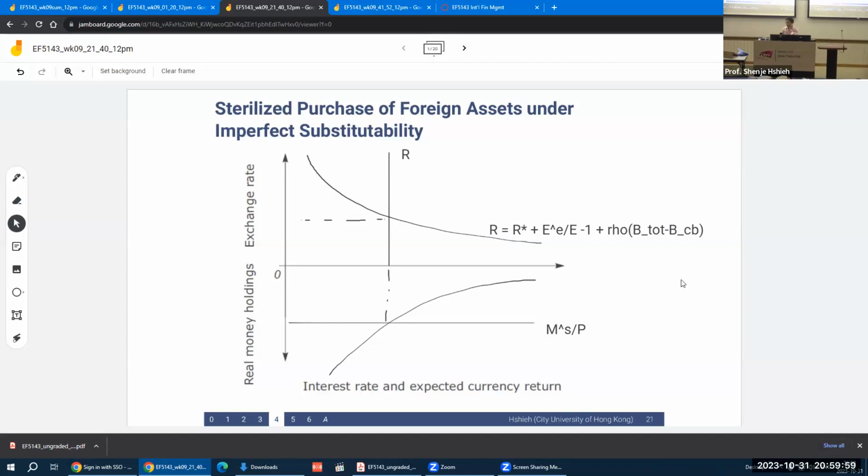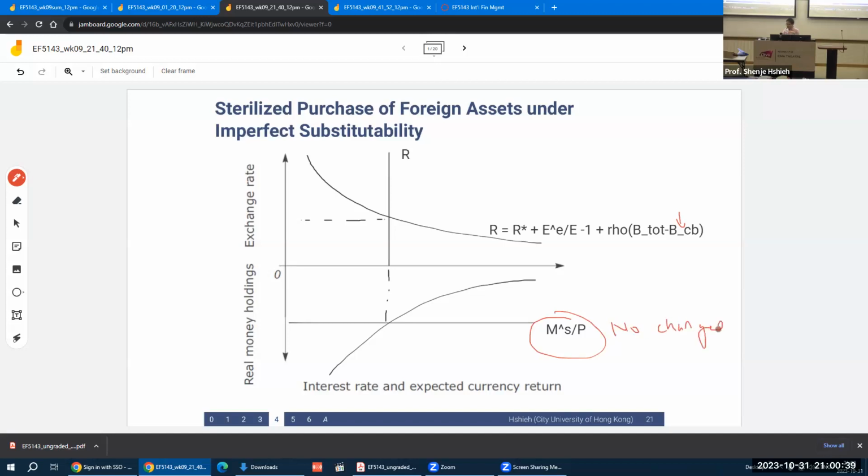So what I described to you was a sterilized intervention of a foreign asset acquisition, but a sale of domestic bonds. So it's a change in central bank holdings, in which we're selling domestic bond holdings, right? So we have this parameter decreasing, but because it's also a purchase, no change, right?